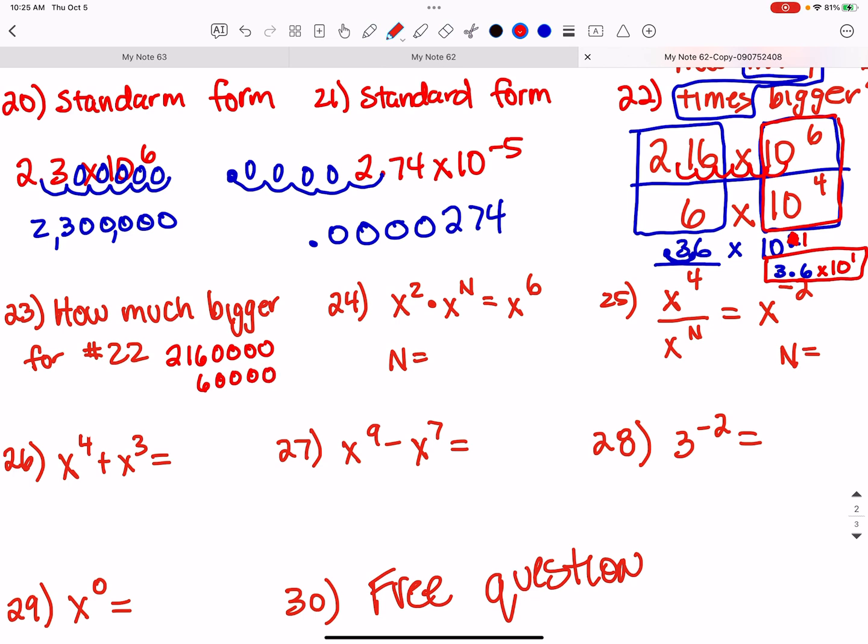If we're subtracting them, that's just 2.1 million, like 2,100,000. So if you want to turn it back into scientific notation, this is 2.1 times 10 to the 6th.